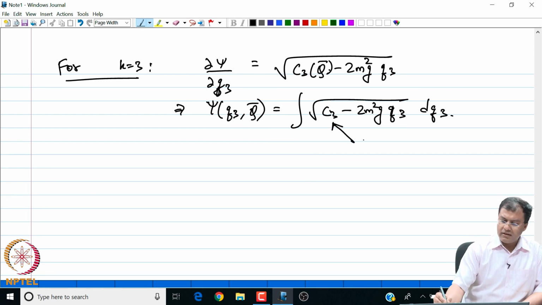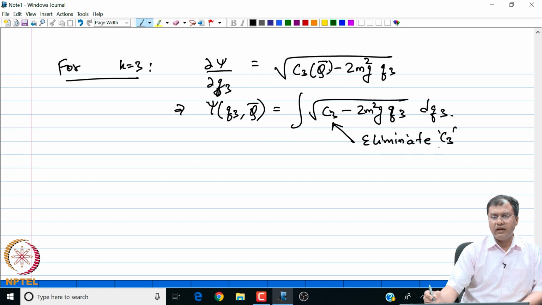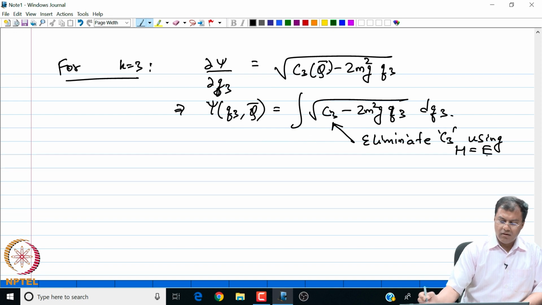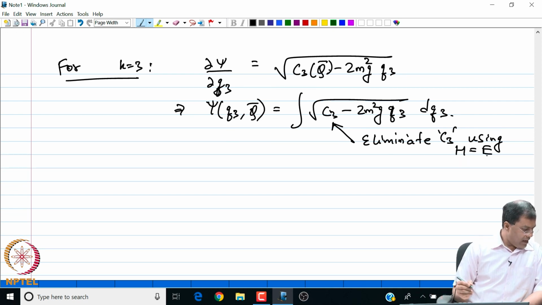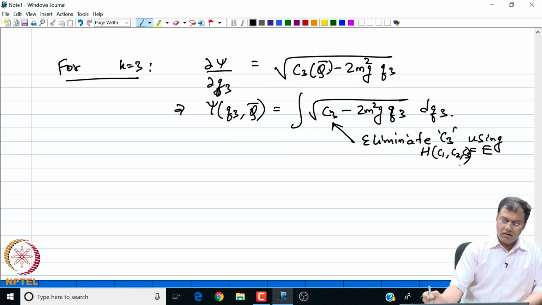But we can eliminate this third constant C3 in terms of C1 and C2, using H is equal to E. So, we eliminate one of the constants. As I said, we have one constant, H is equal to E, so H is now a function of C1, C2, C3.